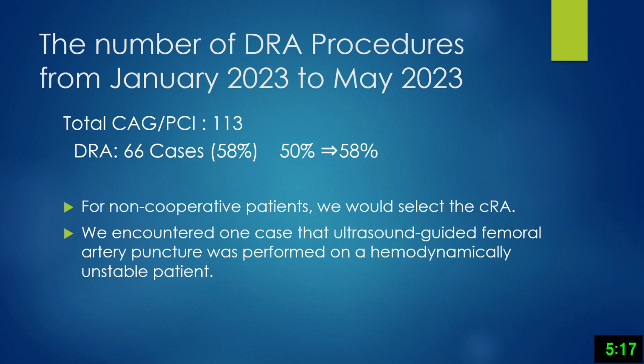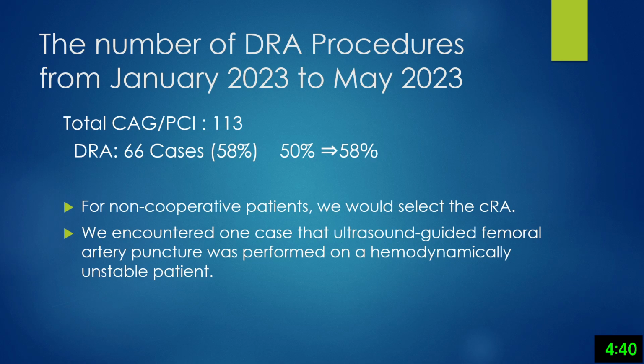This slide shows the number of DRA procedures after introduction of the ultrasound system. Total CAG or PCI was 103 cases. And distal radial cases have only increased slightly because in our hospital, the notable feature is the prevalence of cognitive impairment.